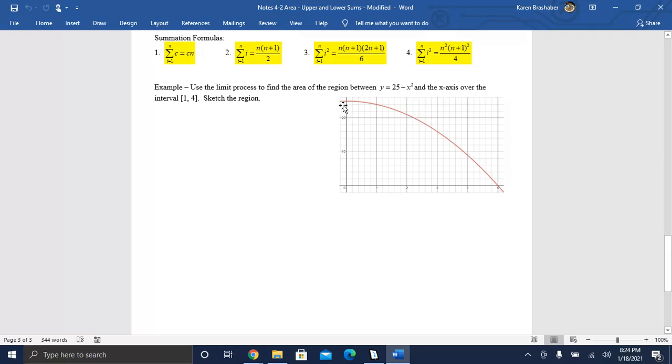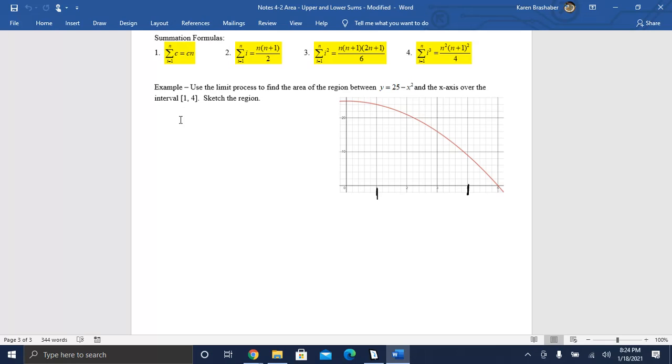So we're going to use the limit process to find the area of y equals 25 minus x squared between that curve and the x-axis. Now our interval this time is from 1 to 4. So it is not 0 to 5 as is shown. It is from 1 to 4.